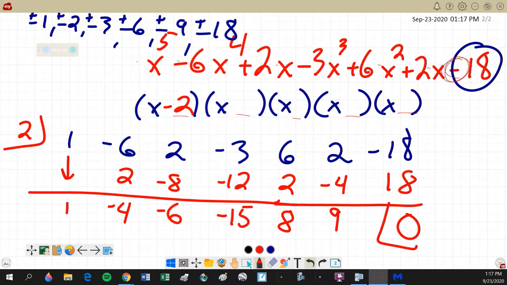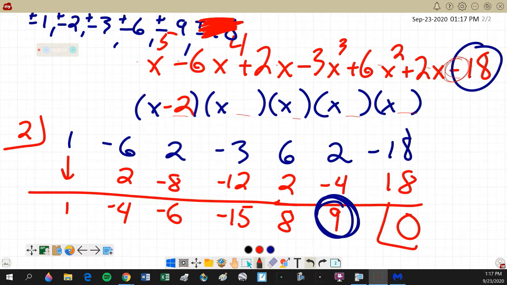Okay, what else have we learned? What else did we learn? 9, we don't know if 9 works, but we do know that 18 does not. How do we know 18 does not work?